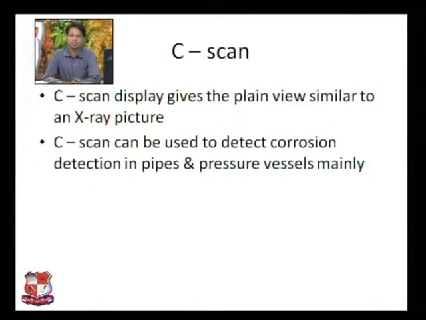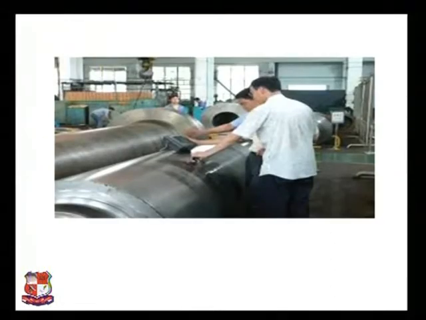If corrosion is present inside a pressure vessel, it can be detected with the help of C scan. You can see the picture in which corrosion inside the pipes can be measured.